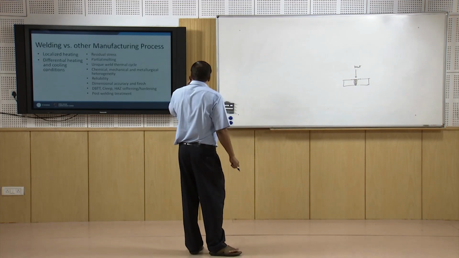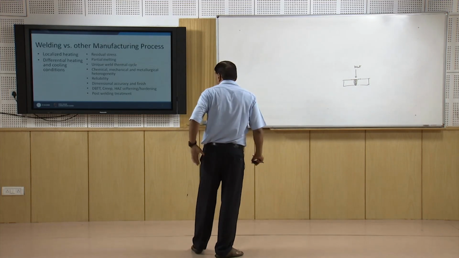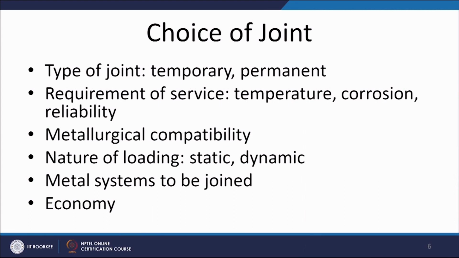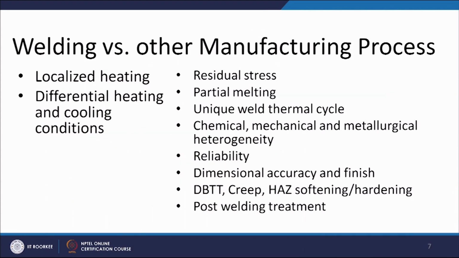Because of these two unique features related to fusion welding, welding offers unique behaviors or responses, which appear in the form of the development of residual stresses in the welded joints, partial melting, unique weld thermal cycle, chemical, mechanical and metallurgical heterogeneity, reliability, dimensional accuracy and finish, and unique properties like this.